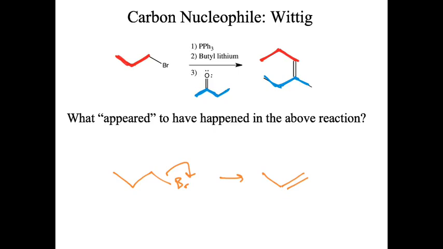Butyl lithium. We talked about that reagent. Okay. Have we talked about carbonyls? Have we talked about alkyl halides? Yes. Okay, so let's take a look at those pieces and see if we can come up with a process that would have allowed this to happen.